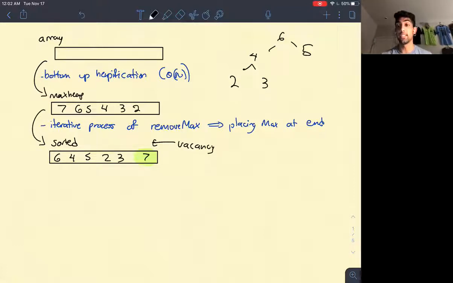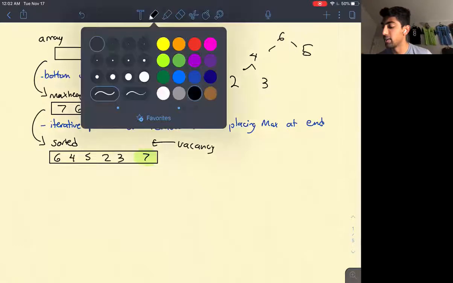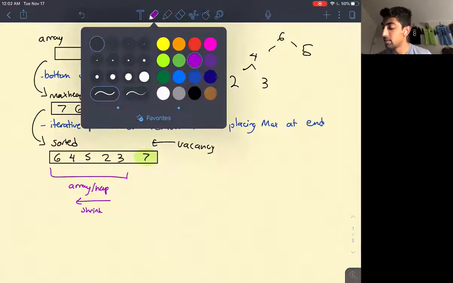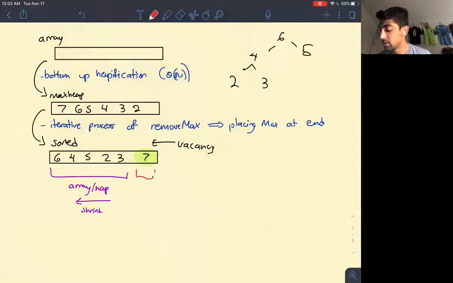And as we keep doing these steps of heap sort, a beautiful thing occurs where the size of this array, right, actually array slash heap, is going to shrink, and the size of the sorted list is going to grow. So all we're really doing is growing this sorted list from the right-hand side.